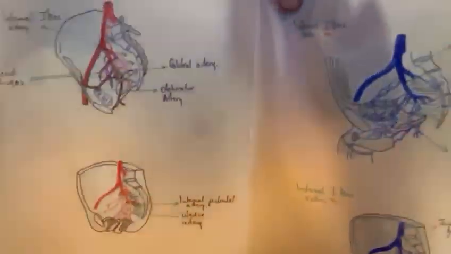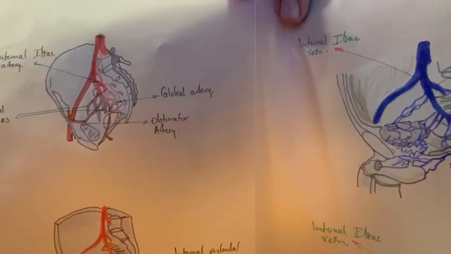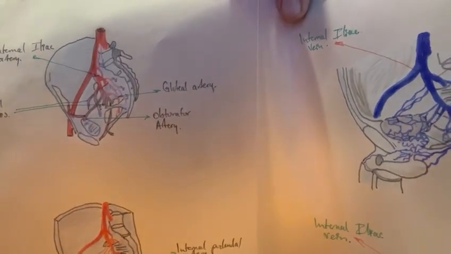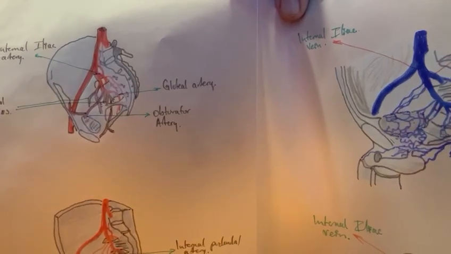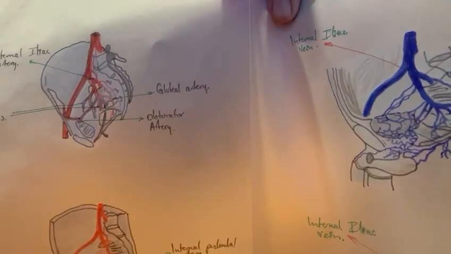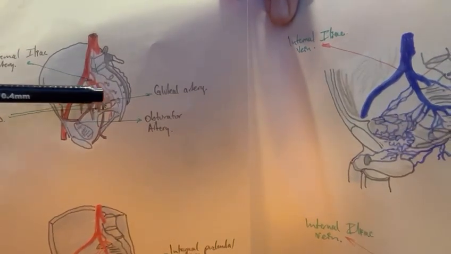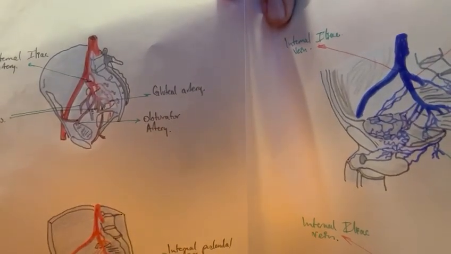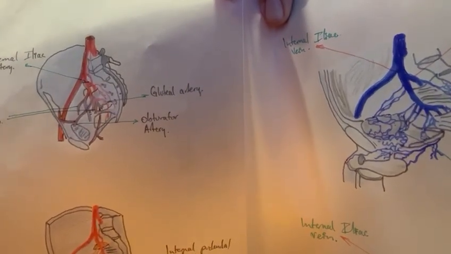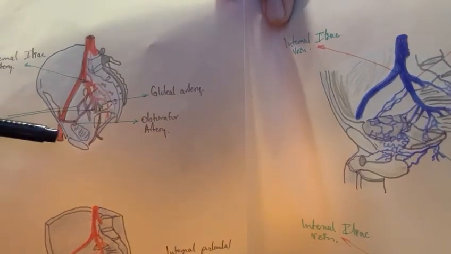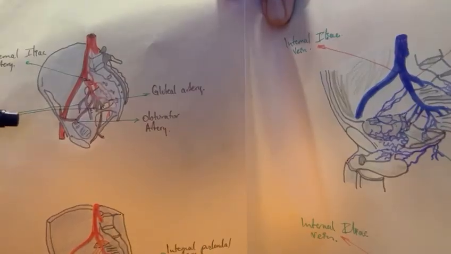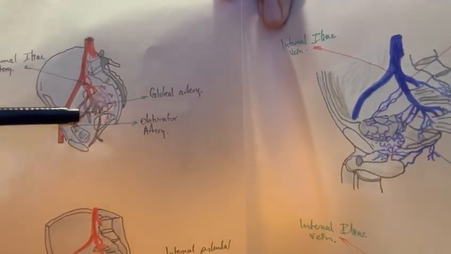Pelvic vasculature: the internal iliac artery supplies the pelvis with variable branches: the gluteal arteries, superior and inferior, which supply blood to the gluteal region; the obturator artery, to the medial thigh; and the vesical arteries.